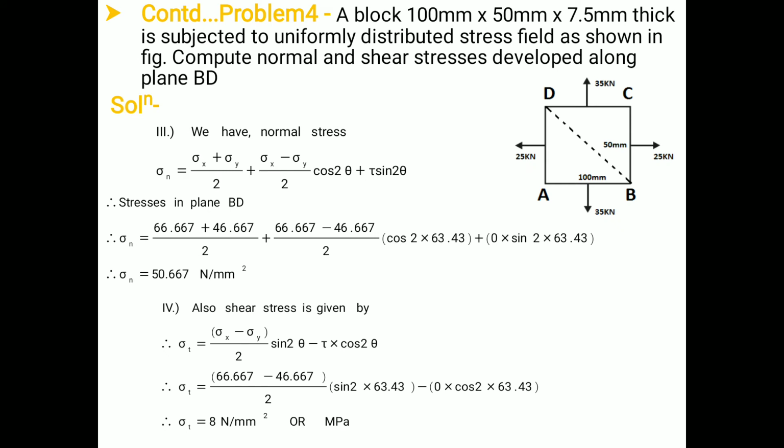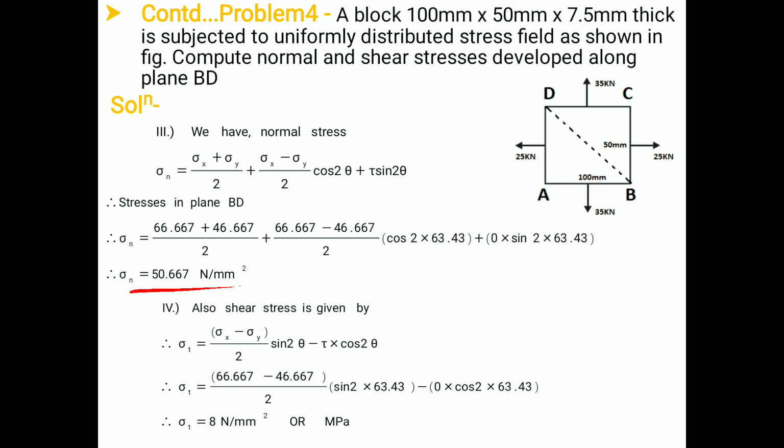All of you know that the normal stress is given by sigma n equals sigma x plus sigma y by 2, plus sigma x minus sigma y by 2 cos 2 theta, plus tau sine 2 theta. Put the values of sigma x and sigma y into this equation. Therefore, we have sigma n as 50.667 Newton per mm square.